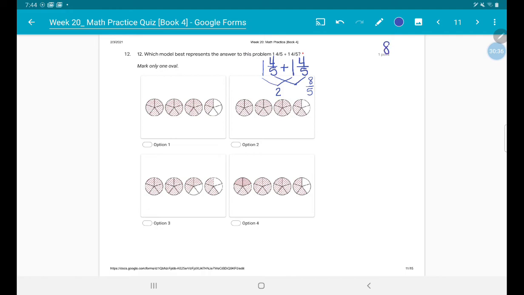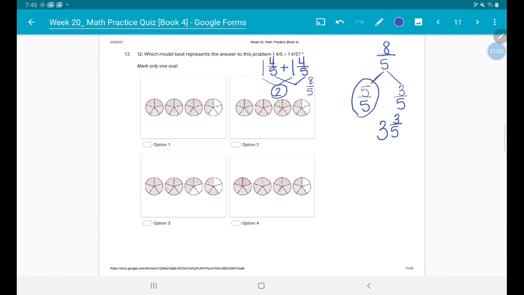So let's think about 8/5 for just a minute. To make another whole, it would take 5 fifth size pieces. So if I take 5 of those out, I would be left with 3/5. So I have 2 wholes plus 1 more whole is going to equal 3 wholes, and I have 3/5 left.